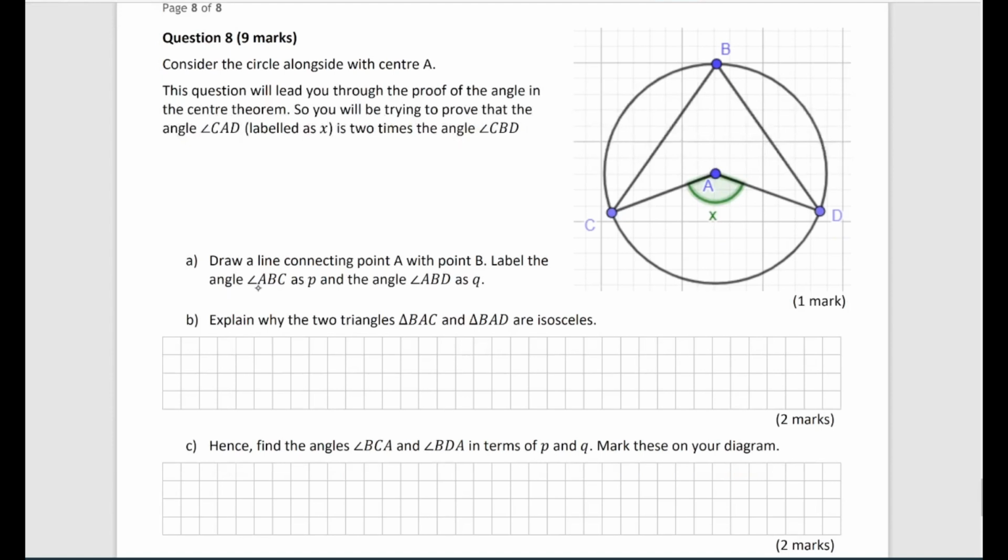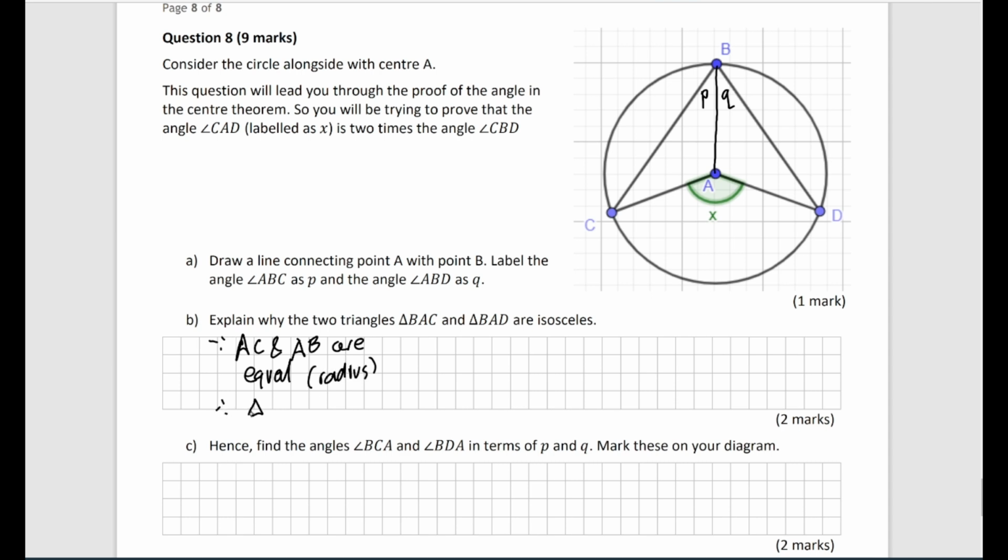Part A, make sure you don't miss this, is to draw a line connecting the point A with point B. And it wants you to label the angle ABC as P and ABD as Q. And that will get you the mark there, so make sure you actually do that. Explain why the two triangles BAD and BAC are isosceles, because AC and AB are equal, because radius.